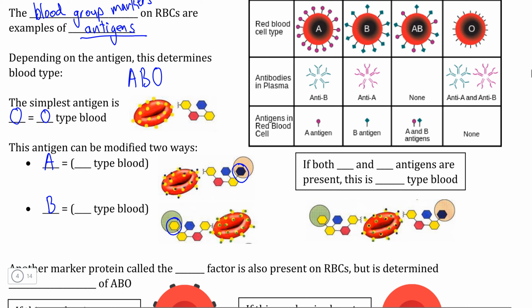If the O antigen is modified in one way, this will give a person blood type A rather than blood type O, and if it is modified in a structurally distinct way from A, this would give a person B-type blood.